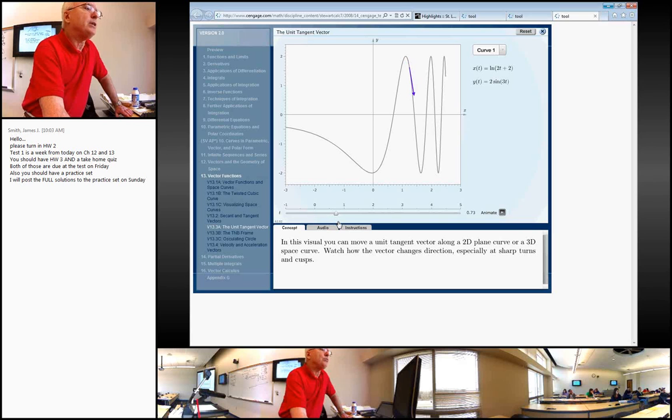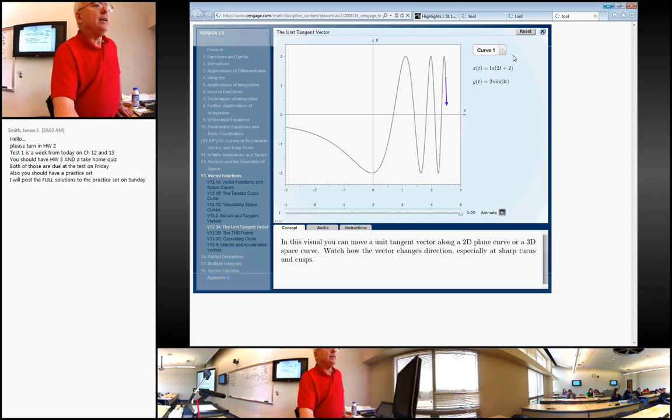Then it stays in the same direction again, and right now it flips very quickly here. Look at how sharply that curve changes down there. Then it goes up again, doesn't change much, then flips very quickly again, and we just continue this process.